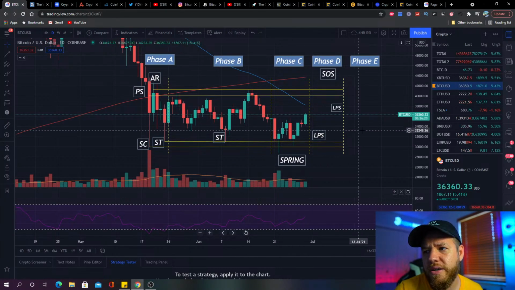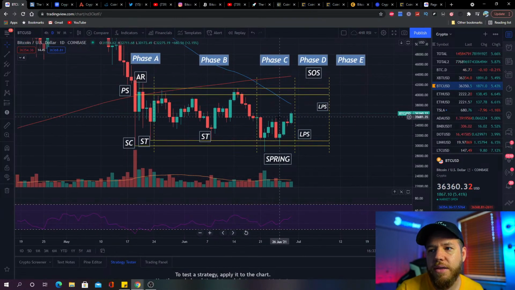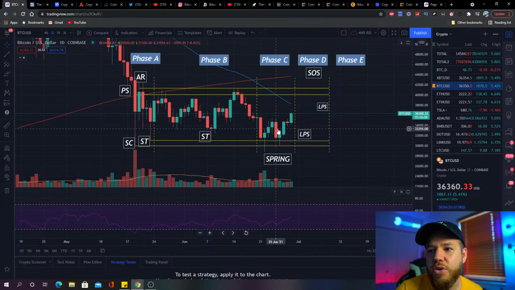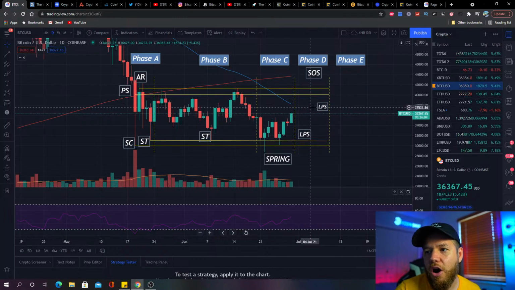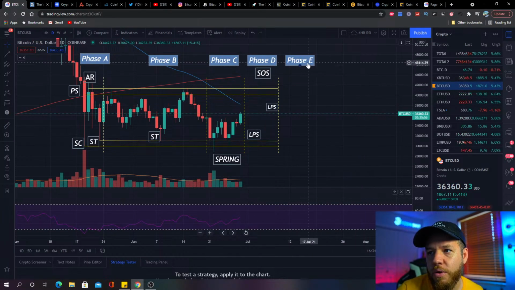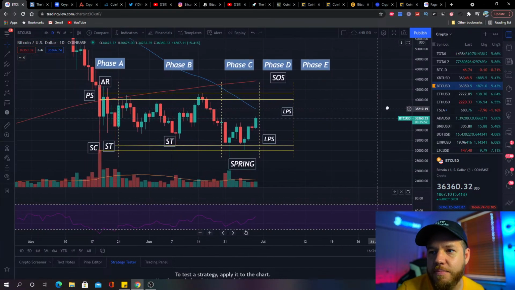These different phases could last different times. It doesn't mean that we're going to be into phase D in the next 2 days. We could still just be in phase C here and bounce around for a little bit. So all of this could extend. Phase C could extend, phase D could extend, and phase E could end up happening sometime in August, September.